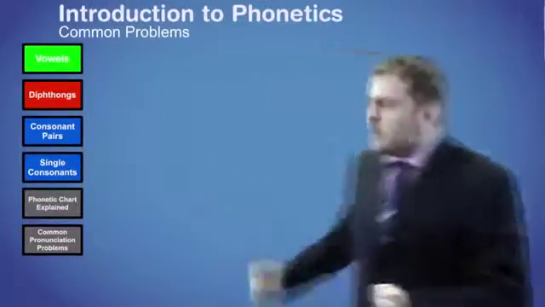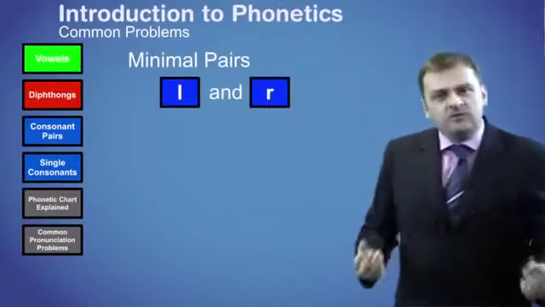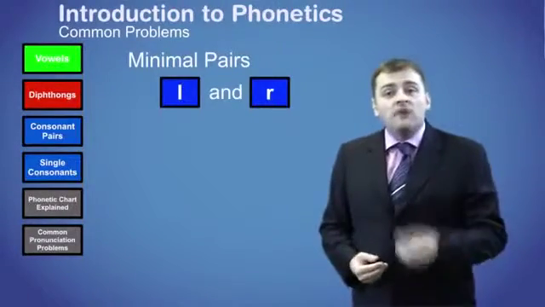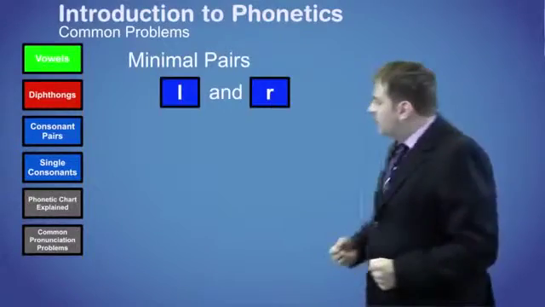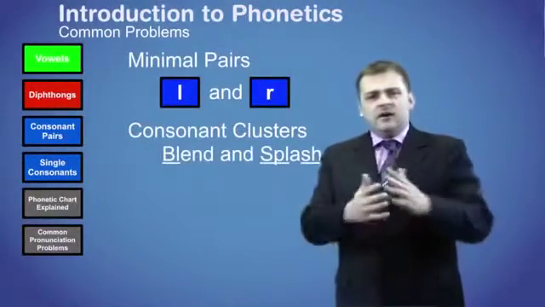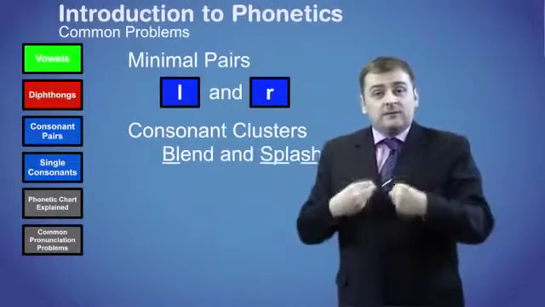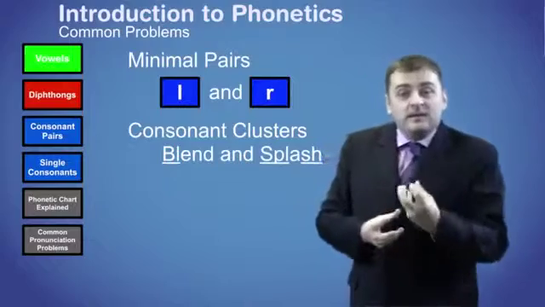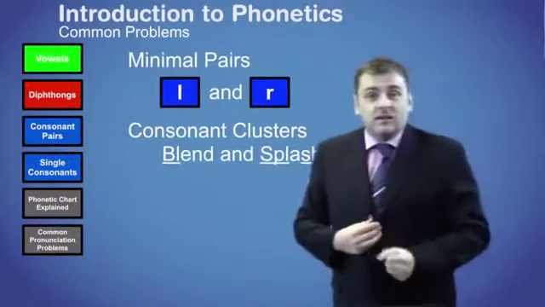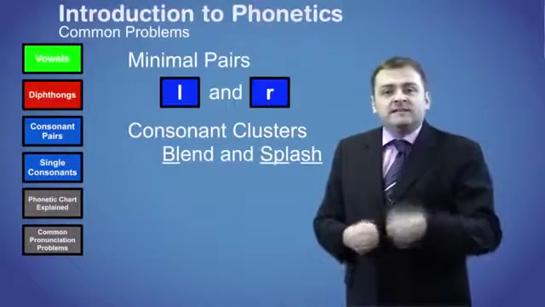We talk about minimal pairs, which are when two sounds are often confused, like L and R. Consonant clusters. This is when there are several consonants together without any vowels, and that produces a sound that can be difficult to pronounce, like bl in blend and spl in splash.